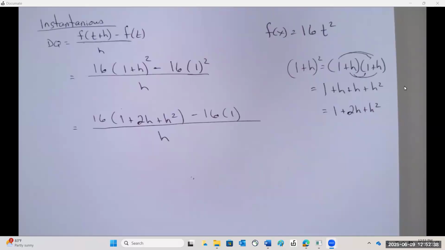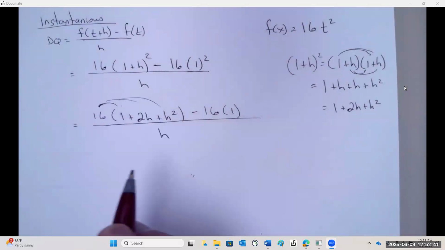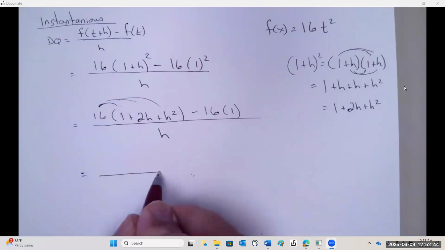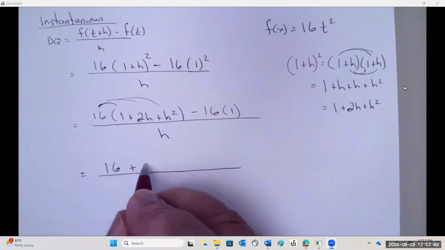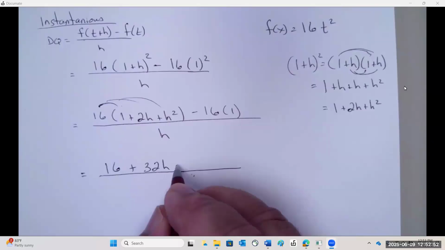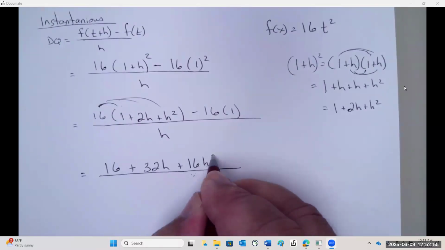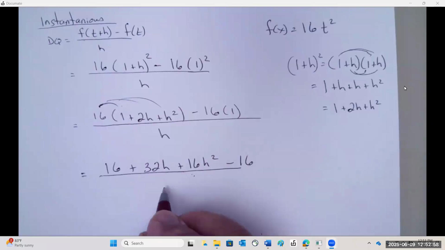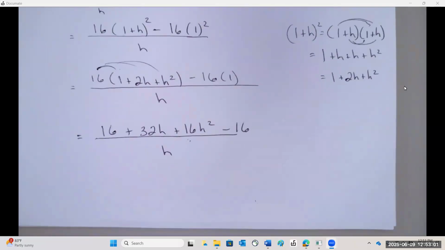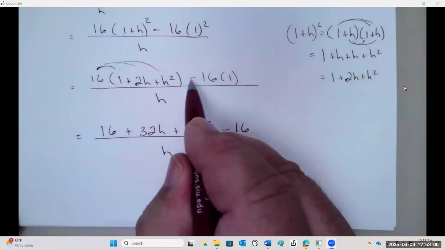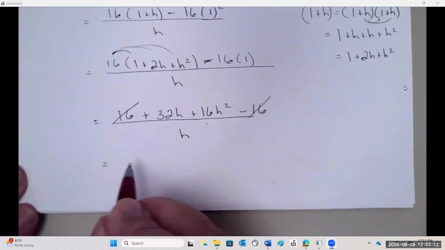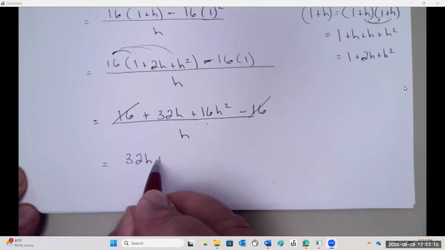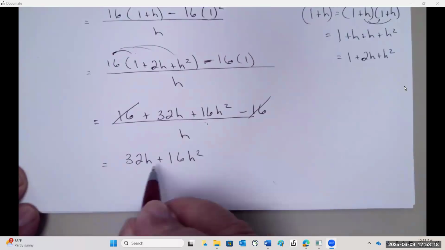So far, so good. Distribute. 16 times 1 is 16, 16 times 2h is 32h, plus 16h squared, minus 16, all over h. Remember, anything after the minus sign has to cancel, so this 16 and that 16 cancel. 32h plus 16h squared over h.